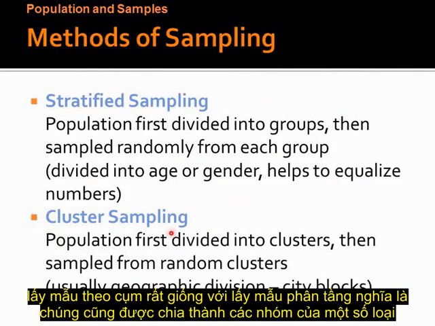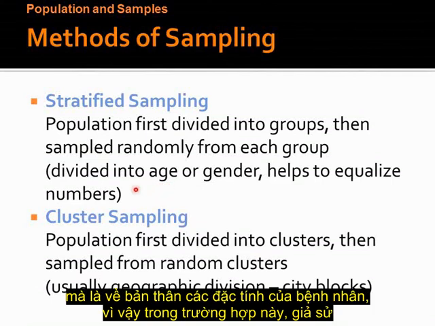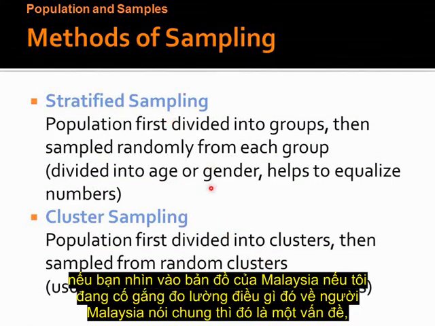Right? Cluster sampling is very similar to stratified sampling in the sense that they're also divided into groups of some kind. However, cluster sampling is usually based on geographical division rather than on the patients' properties themselves. So let's say you look at the map of Malaysia, and I'm trying to measure something about Malaysians in general.